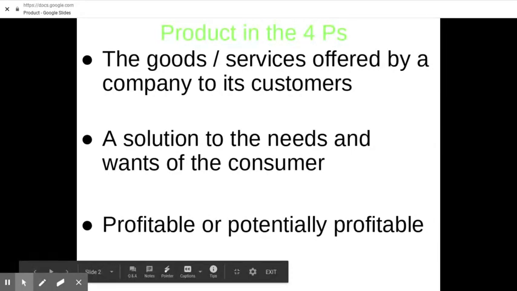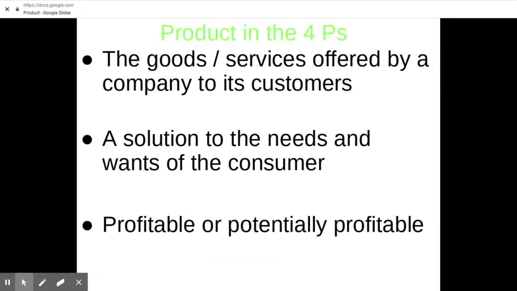The thing that we're really looking for in a product, okay, it has to be profitable or potentially profitable, because we're not going to get into making something and trying to sell it if it doesn't make us any money. And that has to be probably the most important thing about the product to the business. It has to be profitable or potentially profitable. It has to be able to make them money, because if it's not going to make us any money, why would we want to try and make it?